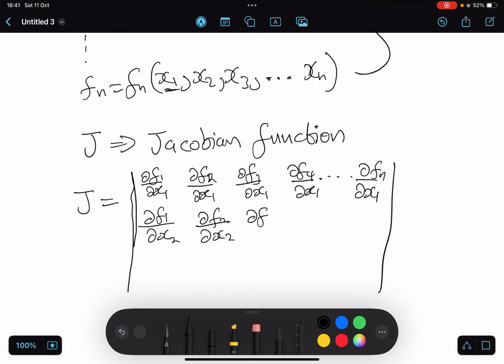So ∂f3/∂x2, ∂f4/∂x2, and then till ∂fn, the nth function, we're differentiating with respect to x2. So this is going to be ∂fn/∂x2.